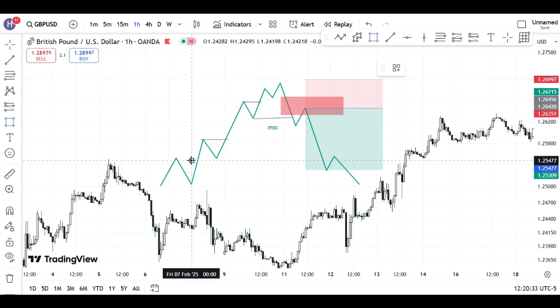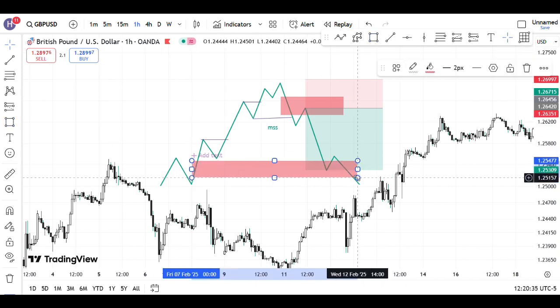If there is a fair value gap, you can get 50% of this, right? Same thing like BOS. This is the MSS. Okay, this is BOS, this is MSS, or else called change of character.